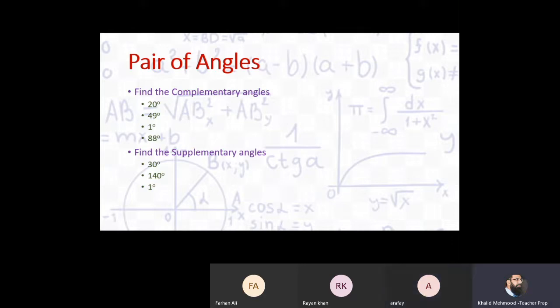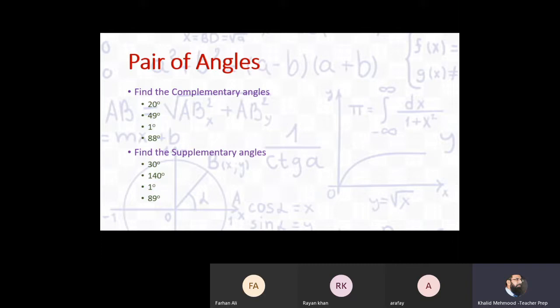Now what about 89 degree? This is a little bit complicated, huh? Check it out. Find out. No, this is a complementary angle.